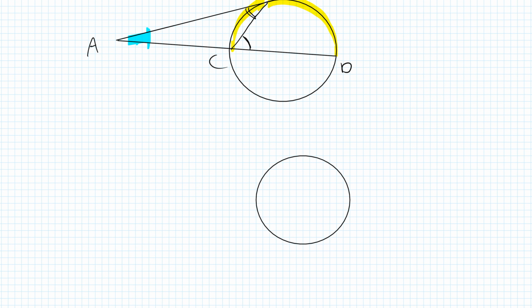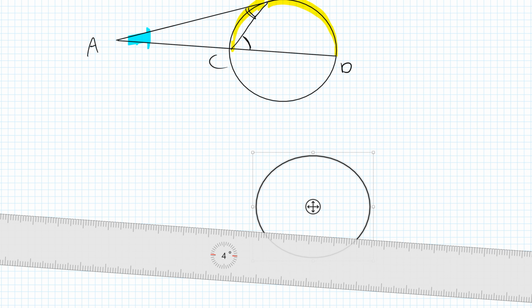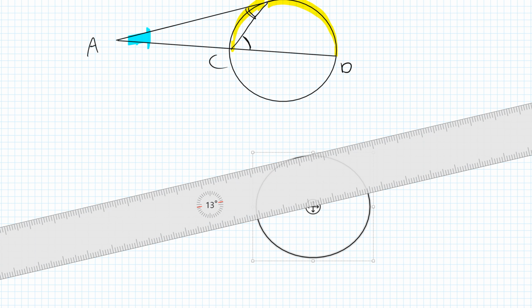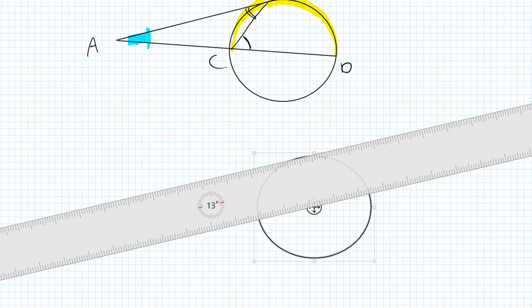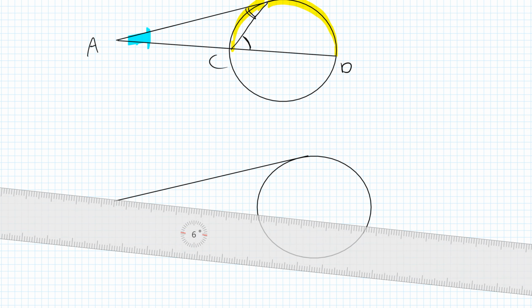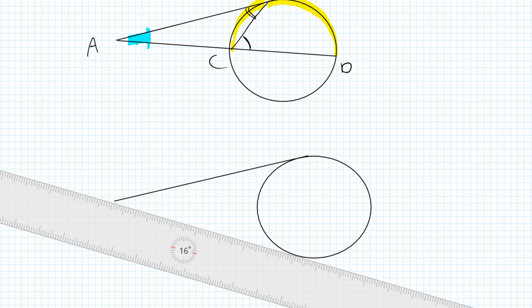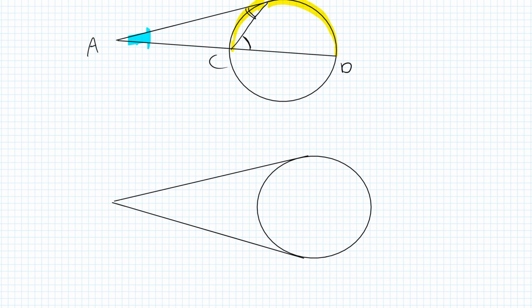What if you have a circle, okay, and now you have two tangents? Hold on, let me draw the tangents. There you go. 1 and 2. There's the other tangent here. Okay.